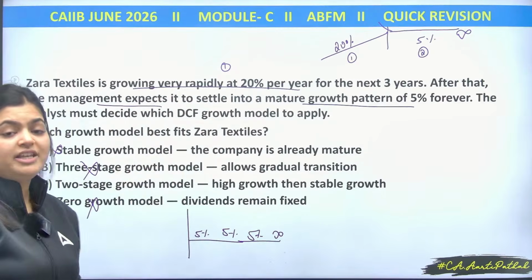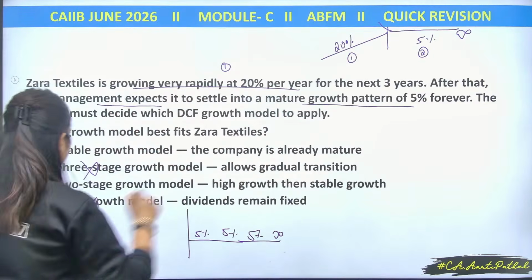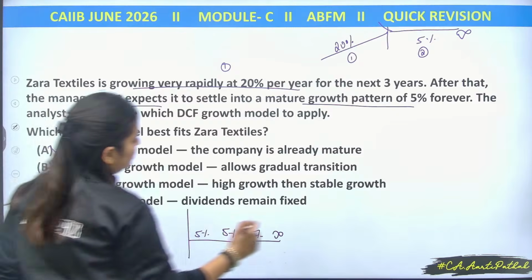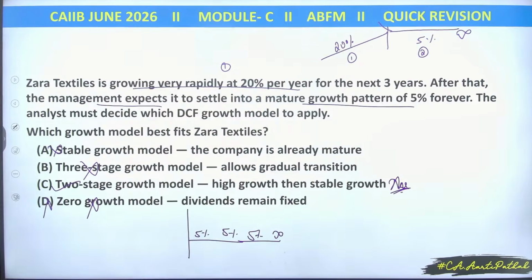That is what zero growth model is. But here you have two different growth rates, so that is not your D. So the right answer is answer C. Yes, that is high growth then stable growth. Correct. That is answer C.